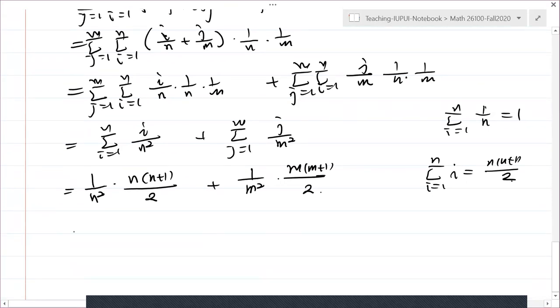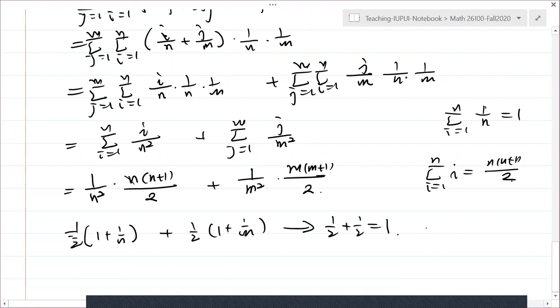Now simplified, you will get 1 plus 1 over n here, and 1 plus 1 over m here. Clearly this approaches 1/2 plus 1/2 equals 1.